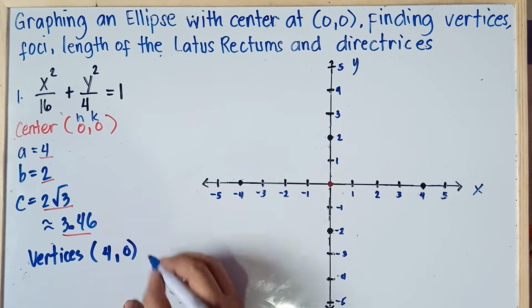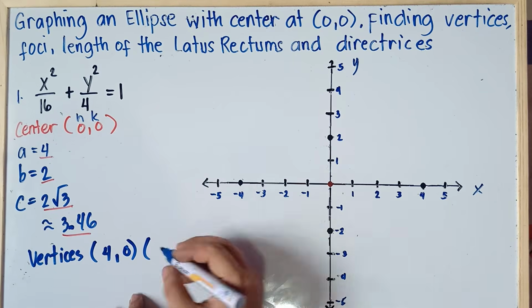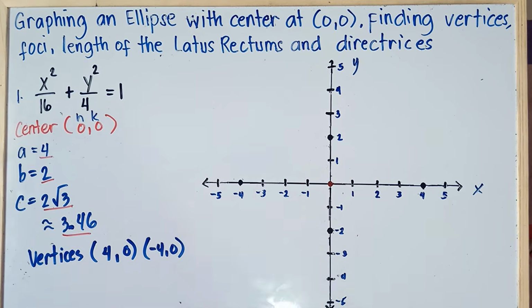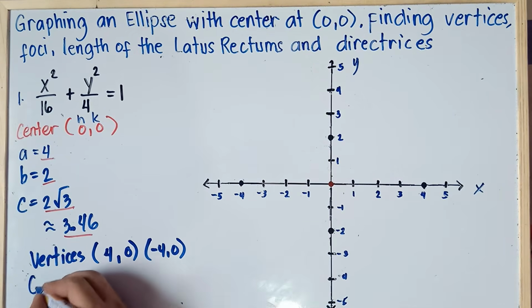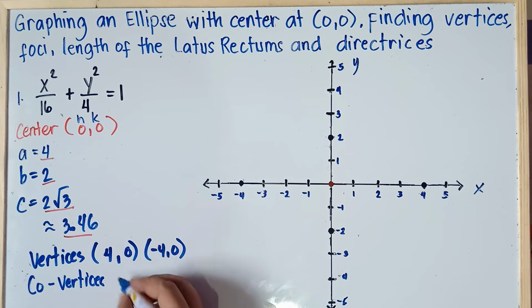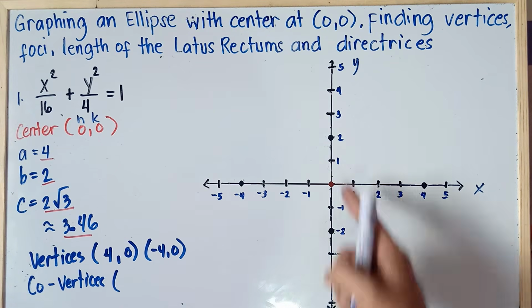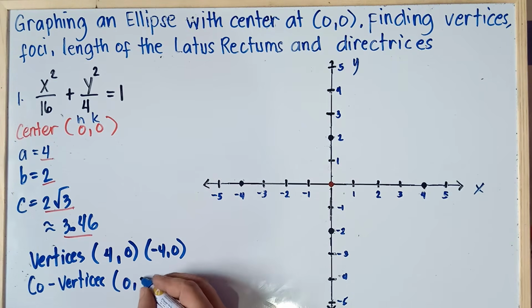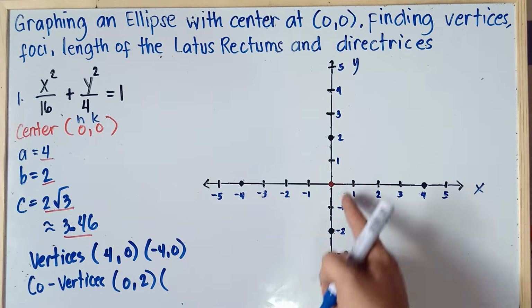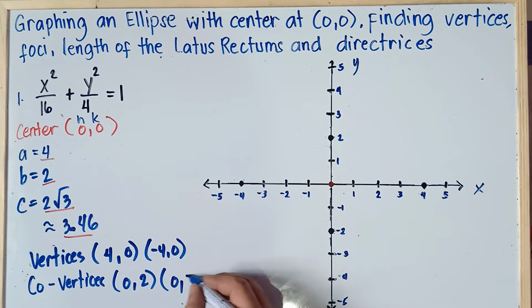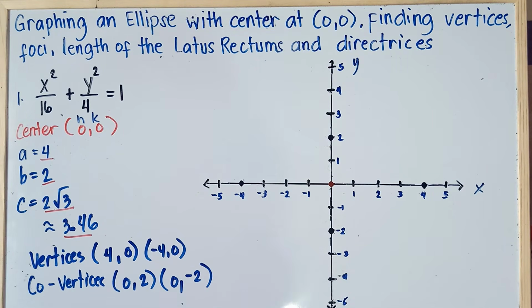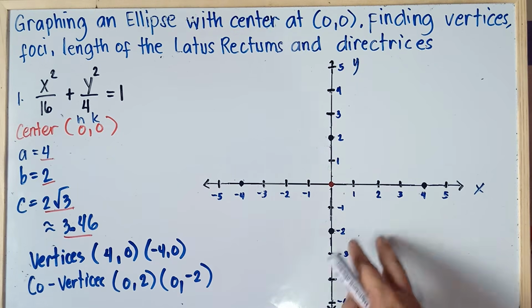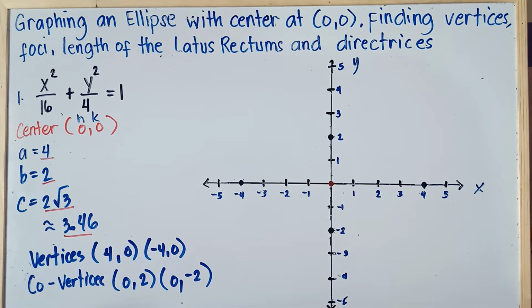So (4, 0), and the other one is (-4, 0). For the co-vertices, y is positive 2 and x is 0, so (0, 2). The other one, x is 0 and y is negative 2, so (0, -2). I hope, class, you're not confused about how to plot points in the Cartesian plane and name the ordered pair, which is x and y.